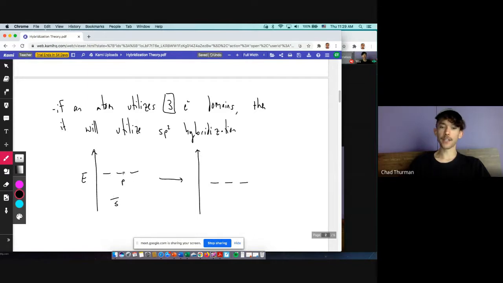It's going to take 2 of the p, because I just need 3 orbitals. That's all I need. And I'm going to create 3 equal energy orbitals, which I call sp2 orbitals. You'll notice that I'm going to have 1 leftover unhybridized p orbital.